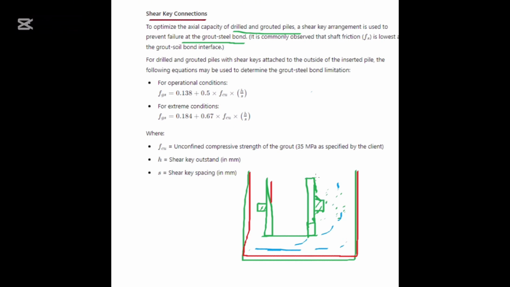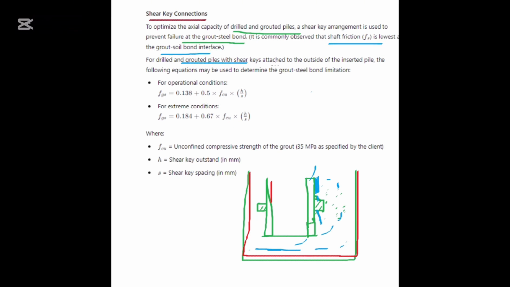This surface is steel and this is grout. To prevent failure at the grout steel bond, the staircase arrangement is provided. It is commonly observed that the unit friction is lowest at the grout steel bond interface.